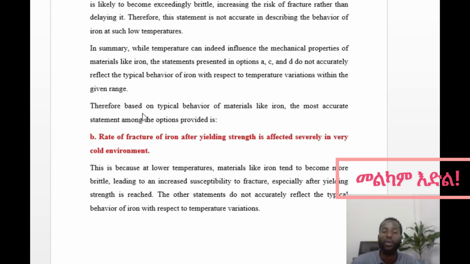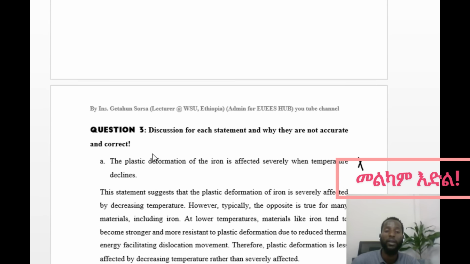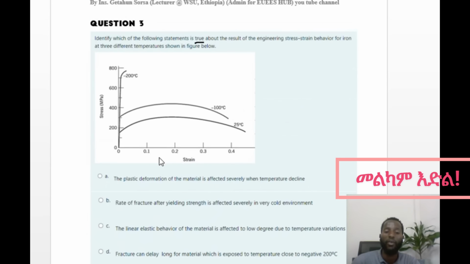Therefore, based on the typical behavior of a material like iron, the most accurate statement among the options provided is B: the rate of fracture of iron after yield strength is affected severely in a very cold environment. So this is the correct answer for this question. The correct answer is B. This B is for this graph. B is the correct answer, from the discussions that I have provided for you.